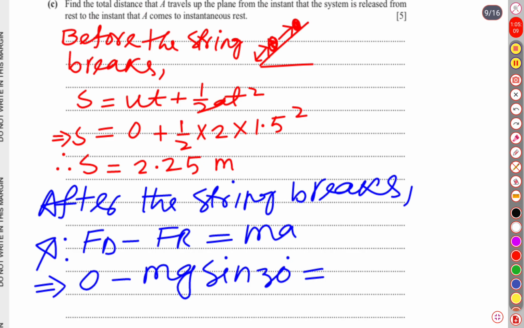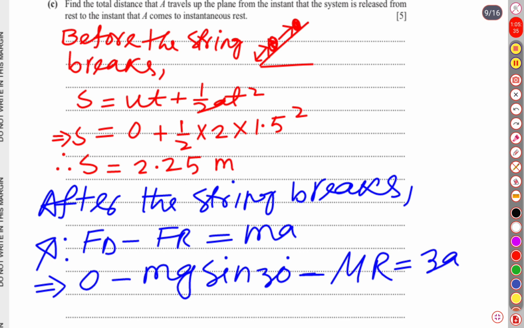It's all about particle A, and there is another resistance to motion, which is frictional force, because the surface is rough, equal to mass of particle A, which is 3, times acceleration a. Frictional force is mu R is equal to 3a.